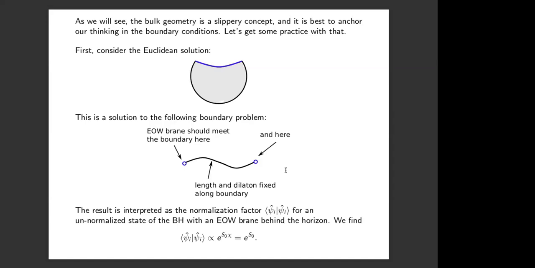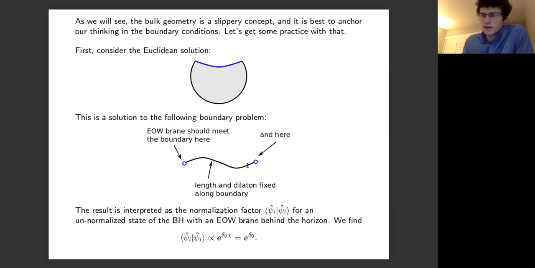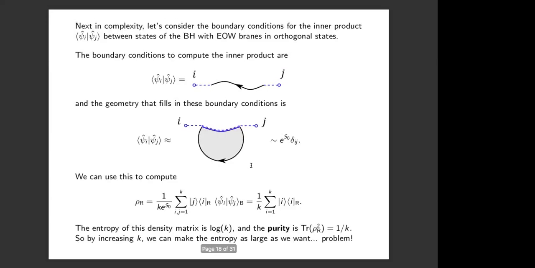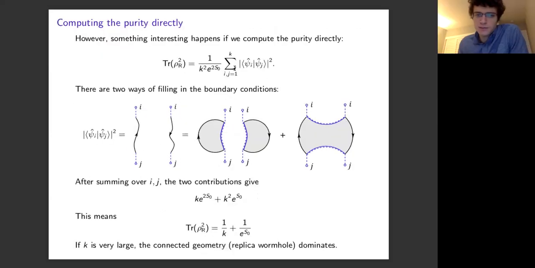But then shouldn't you take two intervals of length beta over 2 and join the two to get the partition function, and sum over the indices of the end of the world branes? Well, that's actually exactly what we computed here. That's the Renyi entropy. It's not quite a partition function.